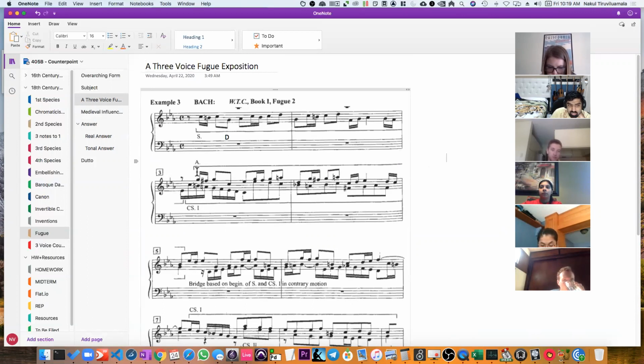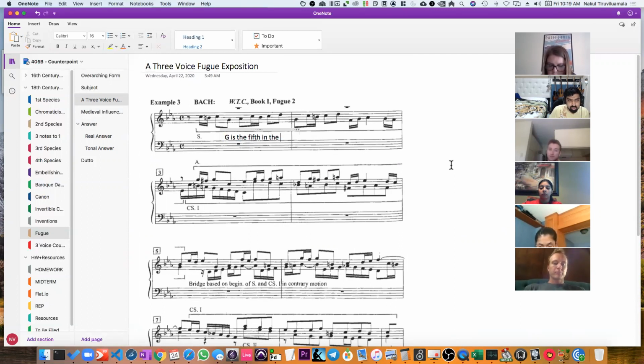Now, when it gets answered, it's actually a tonal answer, because check this out. This is the D. The D is the fifth, right? I mean, what am I saying? It's early. The G is the fifth, right? In the key, in the C minor tonality. Now, if we transpose this literally, what would we get?